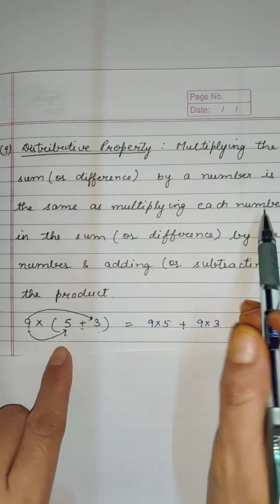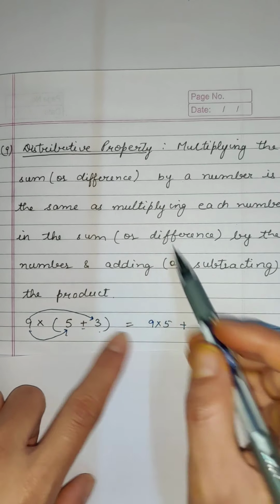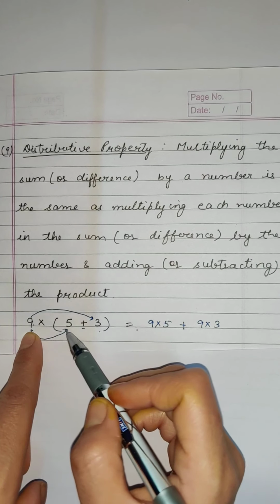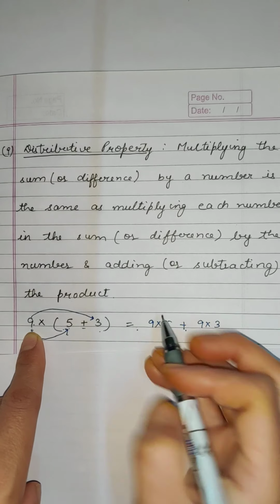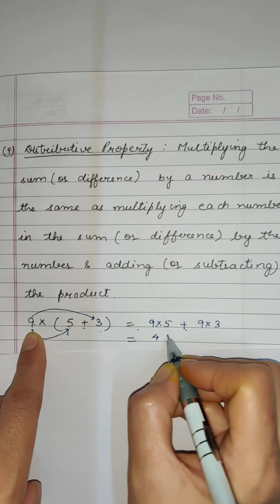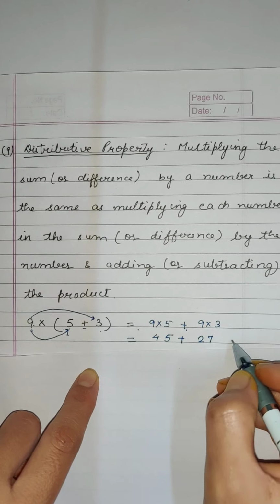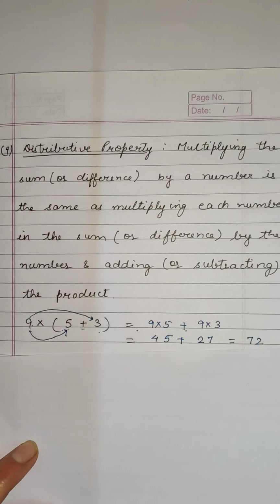So it becomes: multiplying the sum of two numbers is the same as multiplying each number by the number and adding, and then you can solve. So 9 5s are 45, 9 3s are 27, which is nothing but 72.